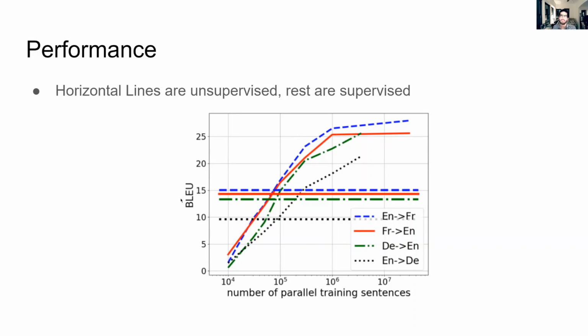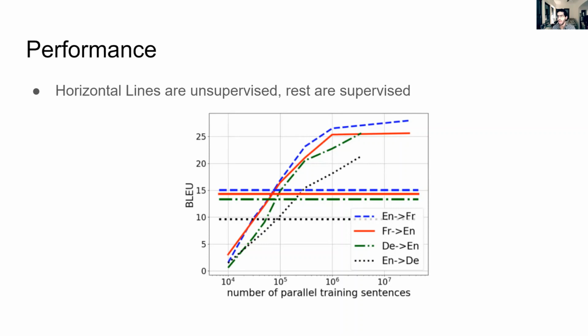So one of the claims of this paper, the reasoning of this paper, was that unsupervised MT can be used as a baseline, or like a lower value against which to judge machine translation models. So a machine translation model should be able to perform as well as an unsupervised model.